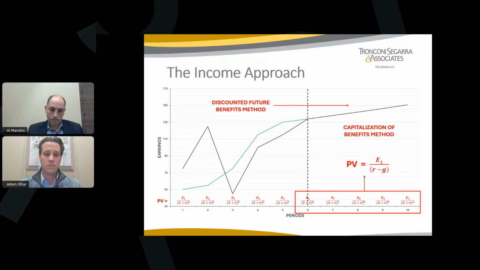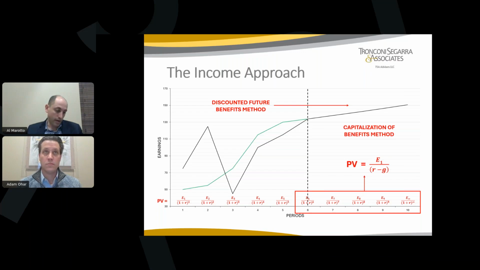So if you go to the right-hand side of the chart, you can see where we implement a capitalization of benefits method, where you are in a period of sustained steady growth. And what you can do is shortcut that formula and rewrite it as present value equals earnings over a discount rate minus a growth rate.